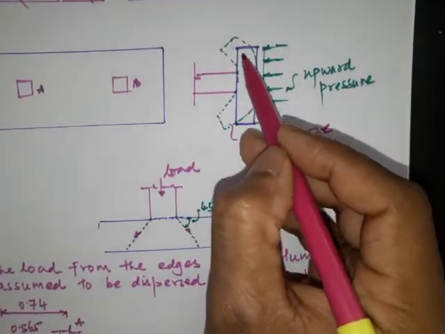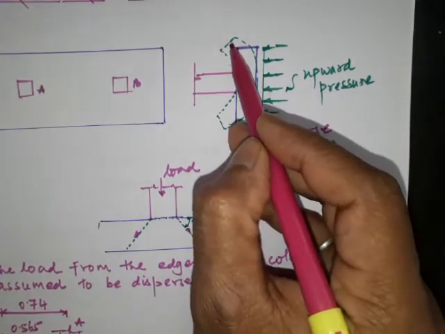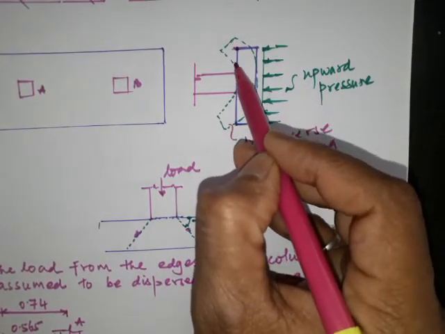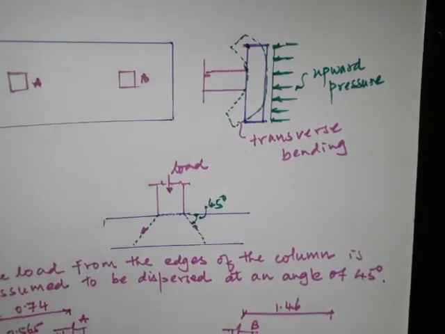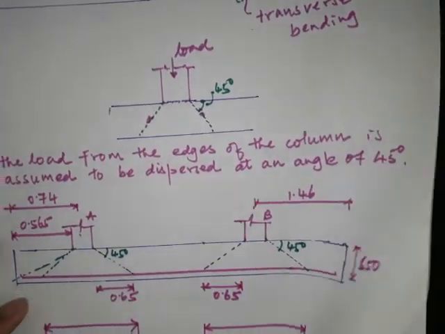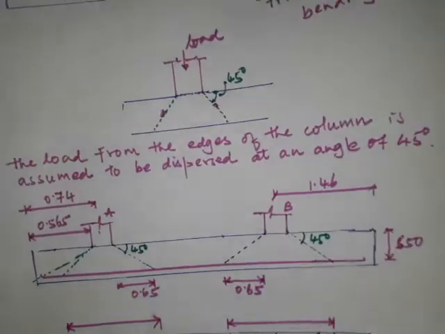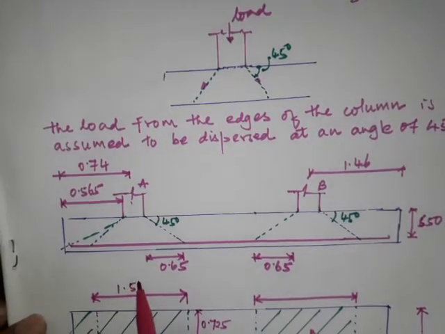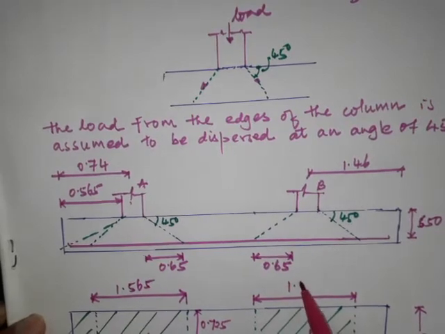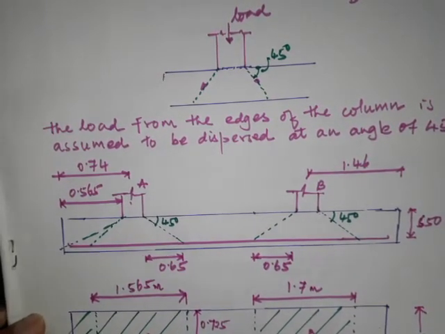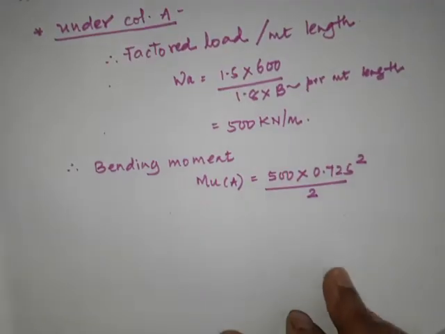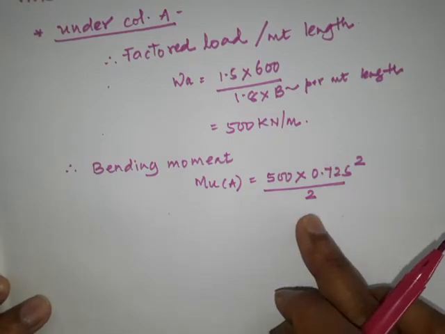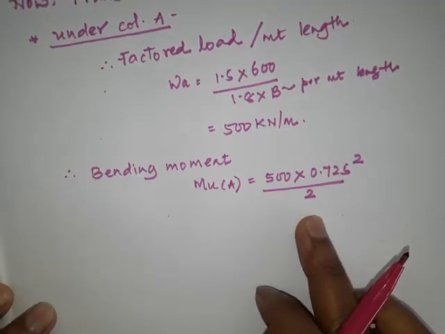So this bending, the bending will be like this. So this length you have to consider. So this is 0.725. This we got as 1.565, this is 1.7 meter, the width of strip under column A and under column B. So now we got WL square by 2, cantilever projection with UDL.